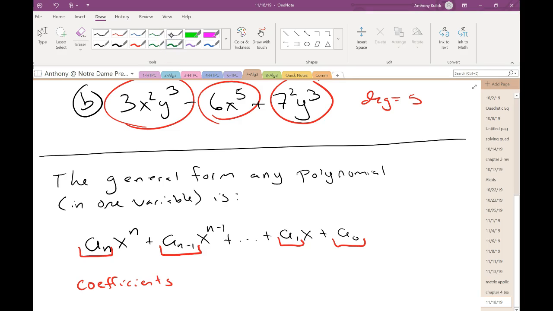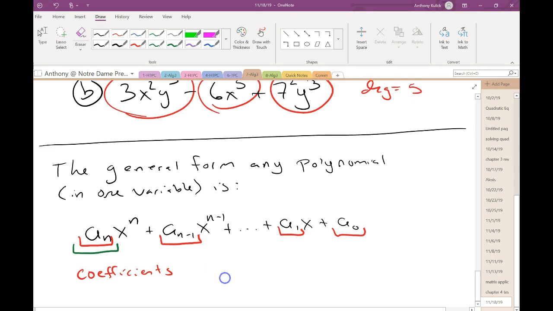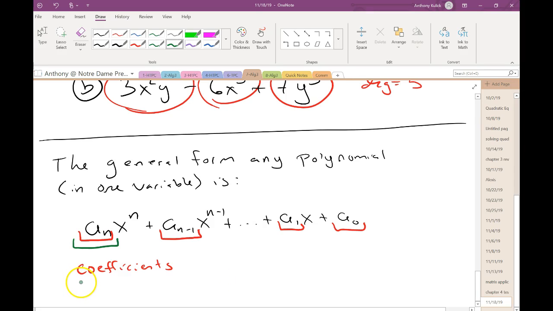There are two special coefficients. This first one, does anybody remember what this one would be called? It's the leading coefficient. Why is it the leading coefficient? Well, it's on the term with the biggest degree.